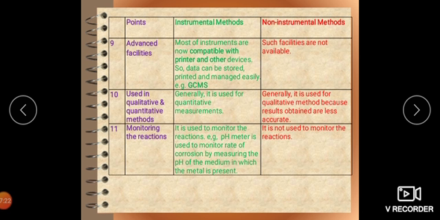We can measure the pH of any kind of sample with the help of a pH meter. Likewise, we can measure the pH of the medium in which metal is present. On that basis, we can monitor the rate of corrosion of the metal in the liquid. But this type of process is not possible in the case of non-instrumental methods.